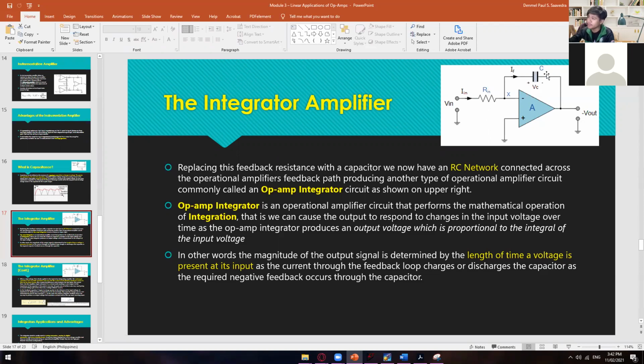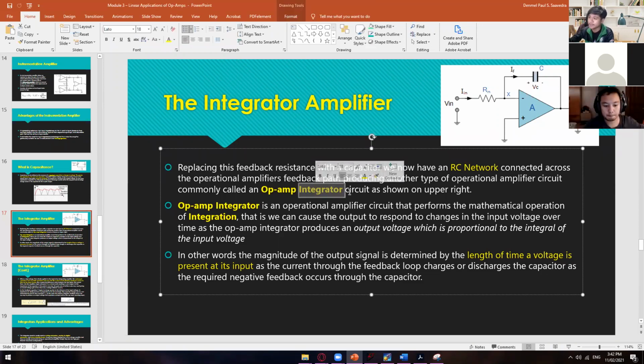We have the R in and then the capacitance network connected across the operational amplifier's feedback, producing another type of operational amplifier circuit, commonly called an op-amp integrator. So if you change the feedback resistor to a capacitance, you are now making the op-amp integrator. Simple as that.